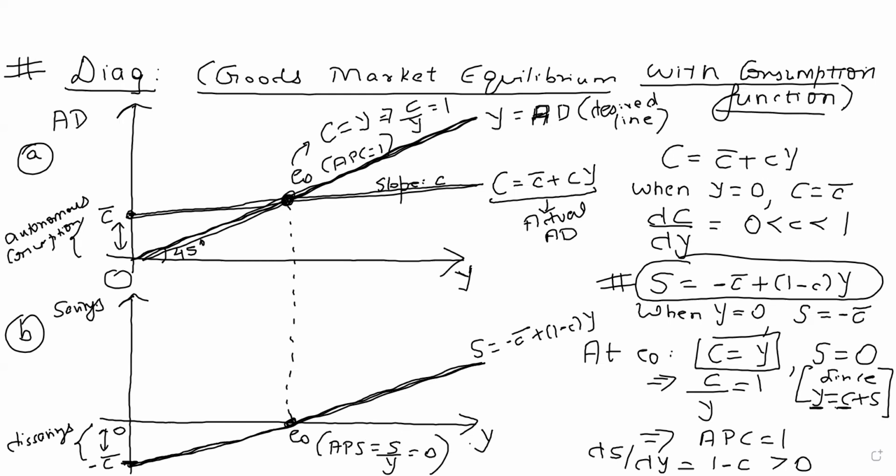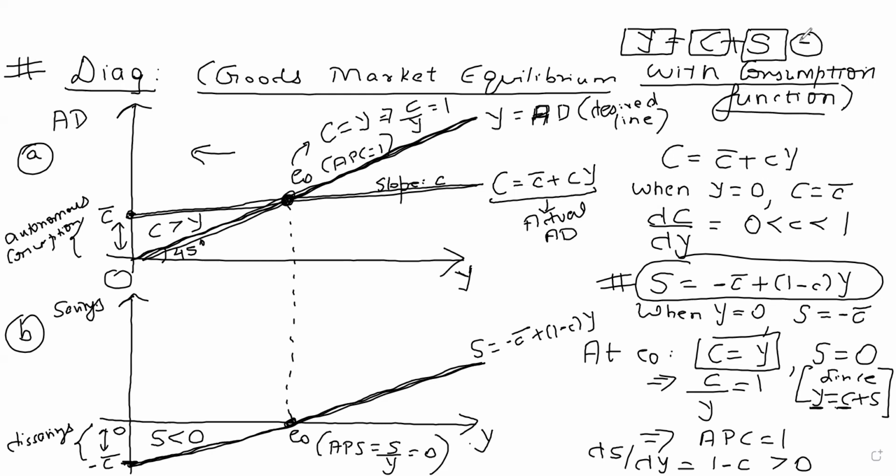Now you can clearly see that to the left of E0, consumption is more than income. When consumption is more than income, savings is negative, because everything boils down to this equation, Y is equal to C plus S. If consumption is more than income, savings has to be negative.